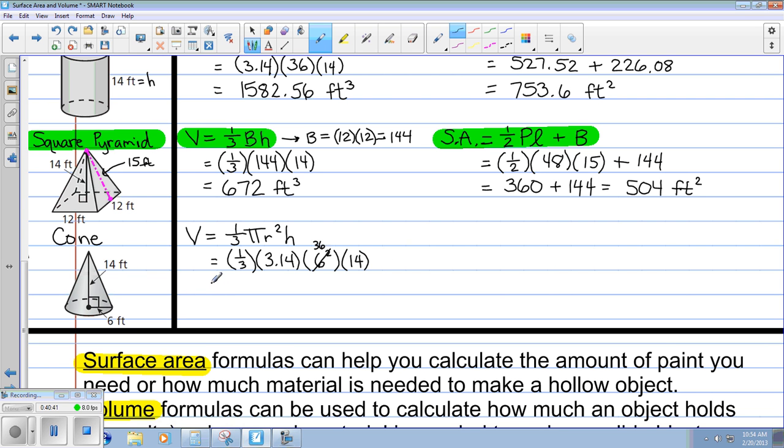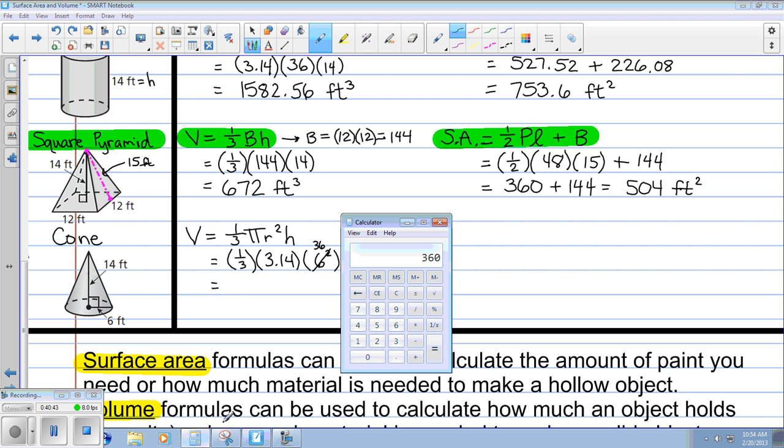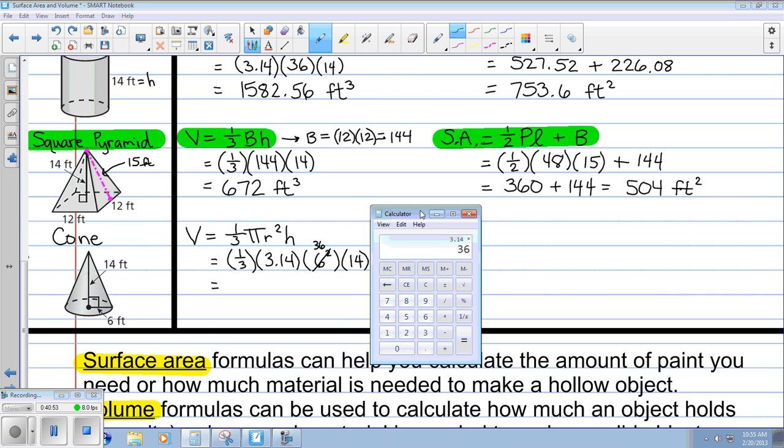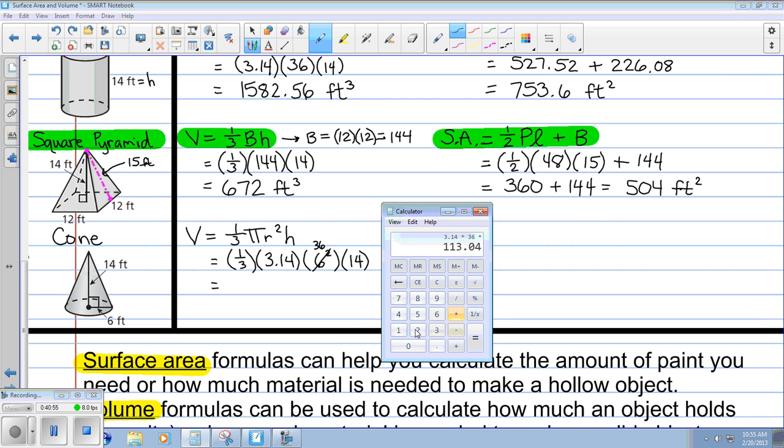Okay. So again, we're going to want to do everything but the 1/3 first. So I want to do 3.14 times 36 times 14. And then since I have to multiply by 1/3, it's just much easier to divide by 3.